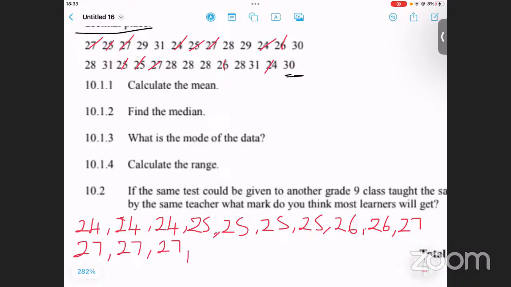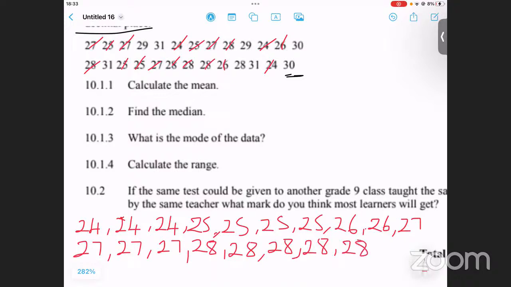Then 28, another 28, another 28, another 28, another 28, another 28, and the last 28.